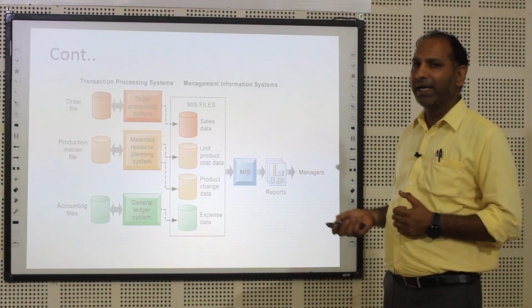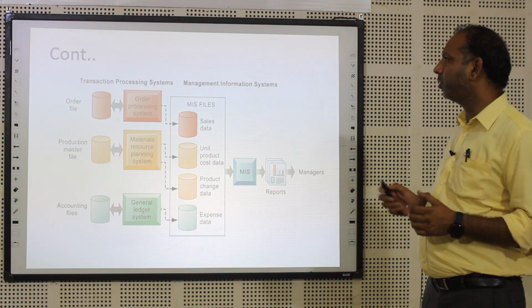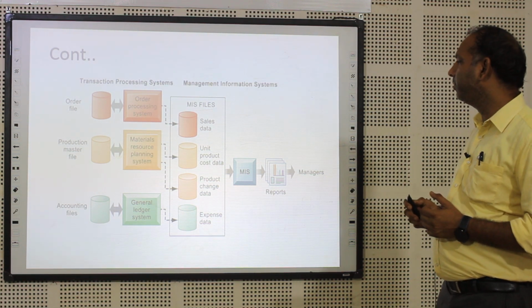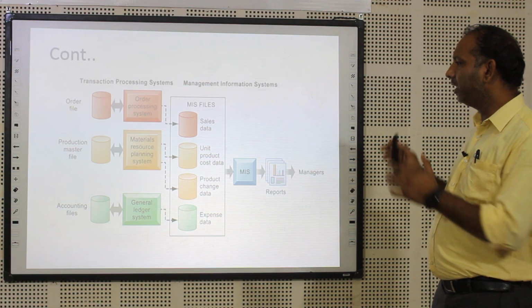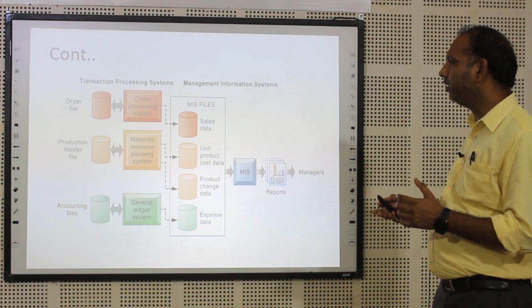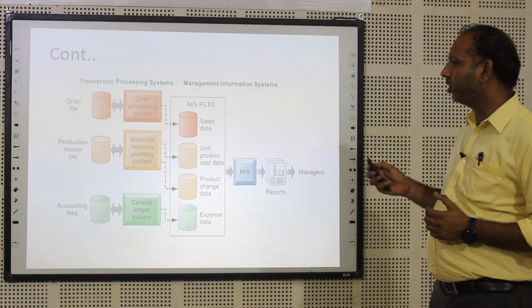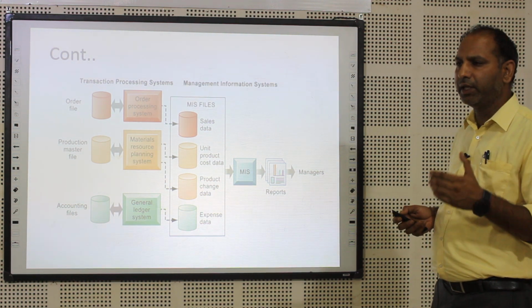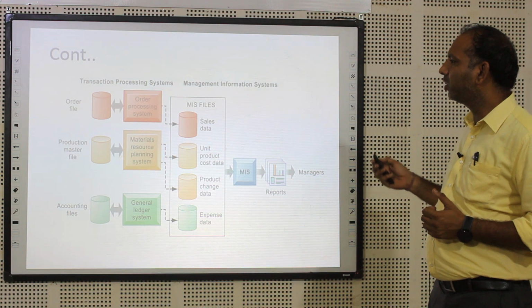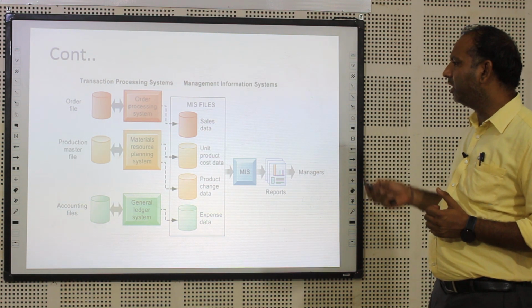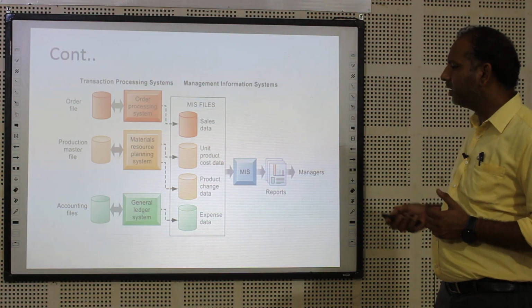This is a diagram which shows the transaction processing system with the help of the management information system. When a business is growing, there are order files, production master files and accounting files. These different types of files further go to the order processing system, material resource planning system and journal ledger system.